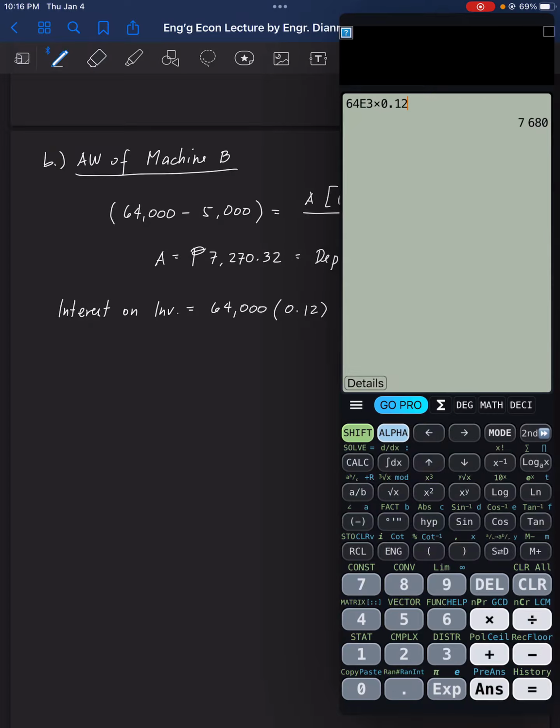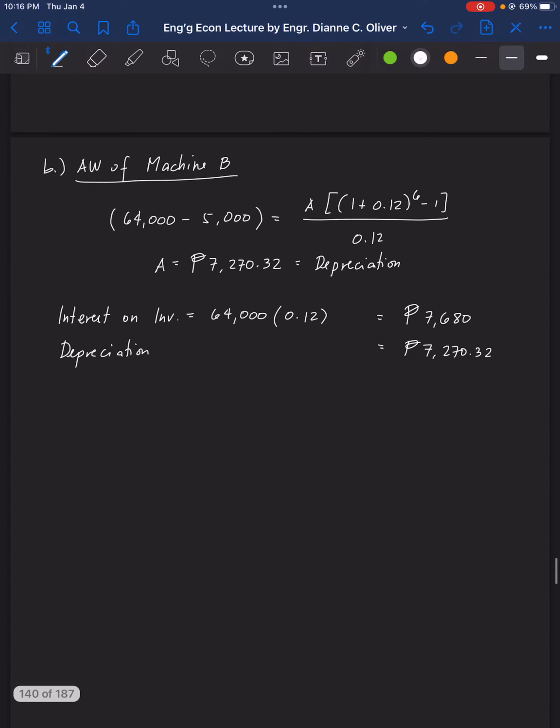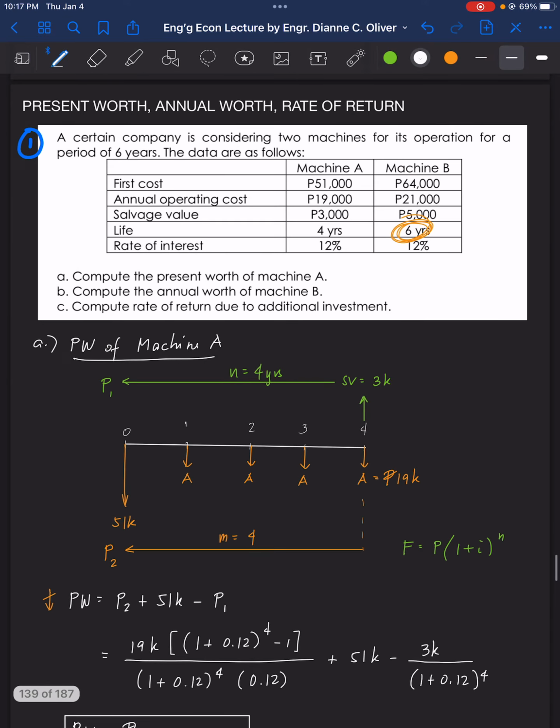So 7,680. Then depreciation is equal to 7,270.32. And then the salvage value, we already have the salvage value.